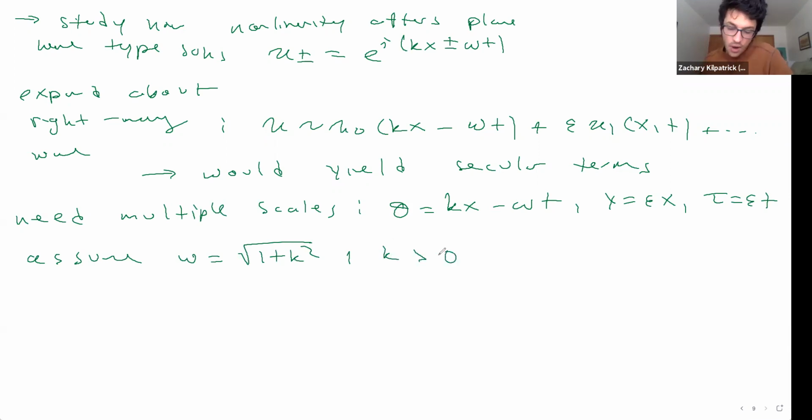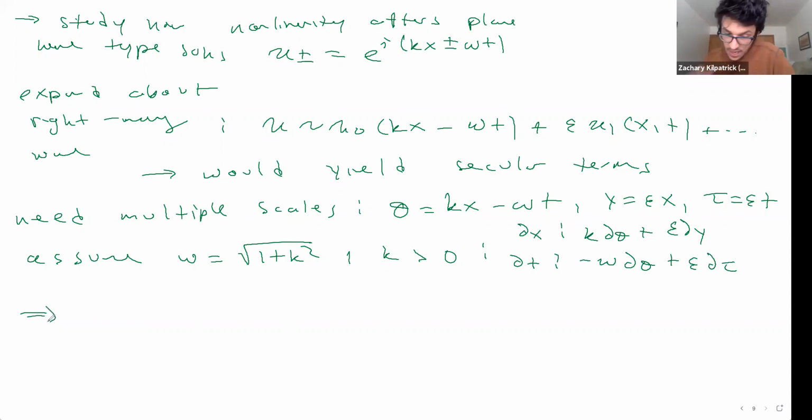So if we assume that our omega is equal to the square root of 1 plus k squared, for k greater than 0, then we have d/dx mapped to k d/dtheta plus epsilon d/dy, and d/dt is mapped to minus omega d/dtheta plus epsilon d/dtau.